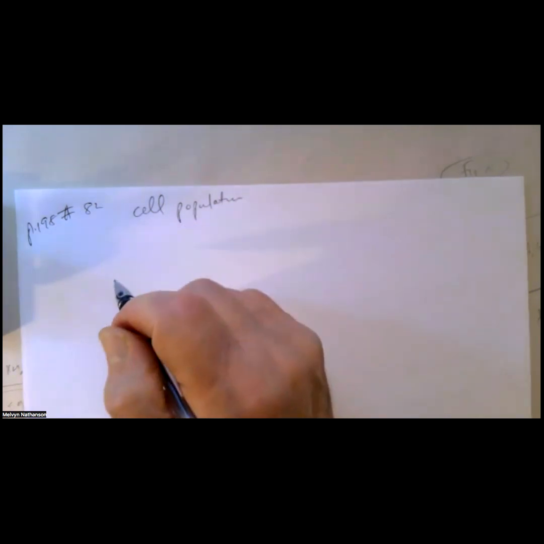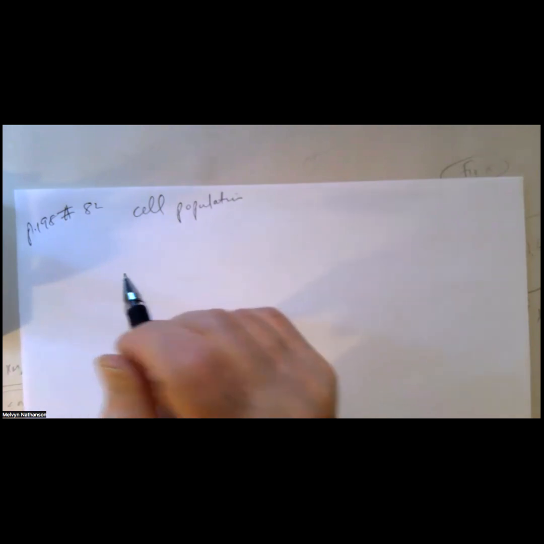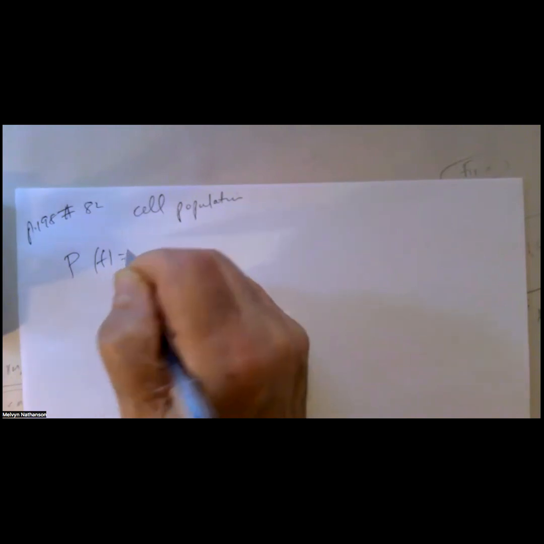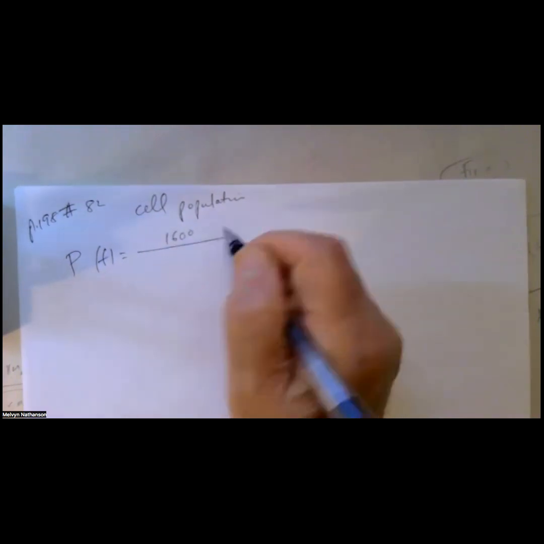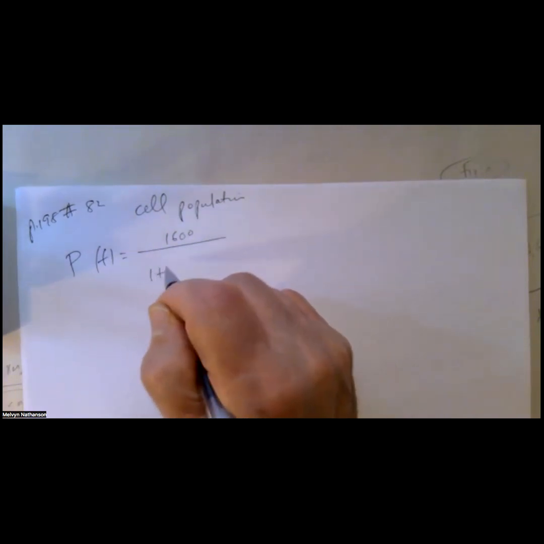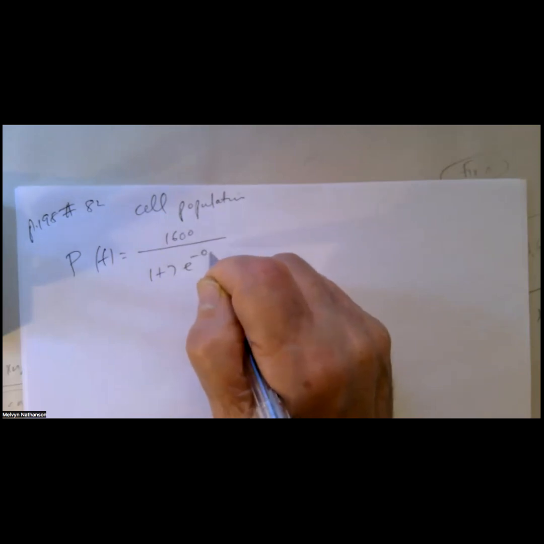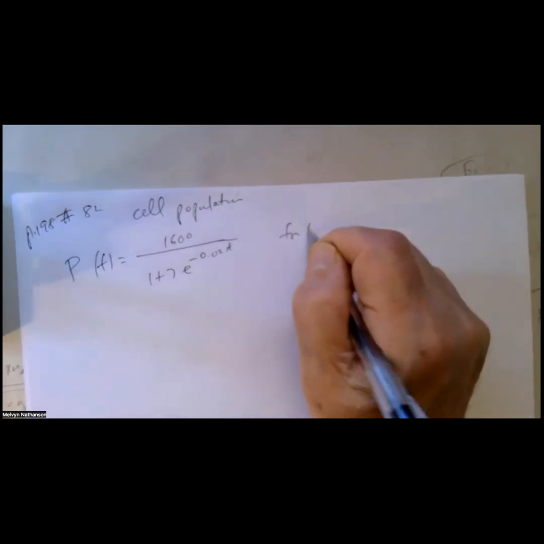So you have cells growing in a petri dish, and the population at time t is given by the following function: 1600 over 1 plus 7e to the minus 0.02t, for t greater than or equal to 0.